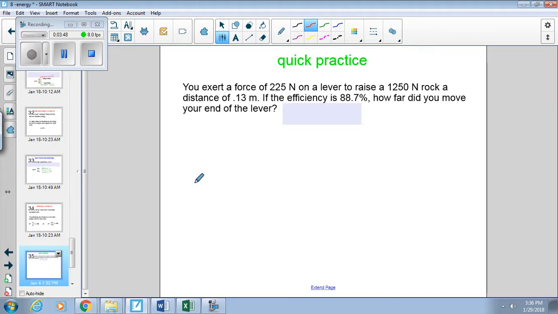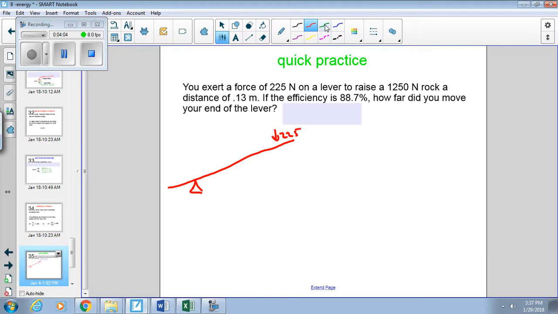You exert a force on a lever. So here is our lever. You're exerting a force of 225 newtons.